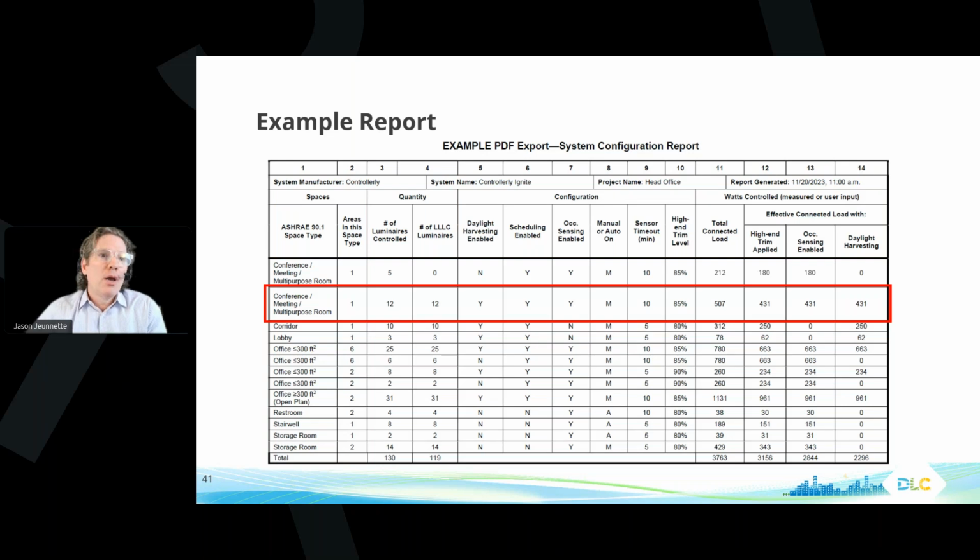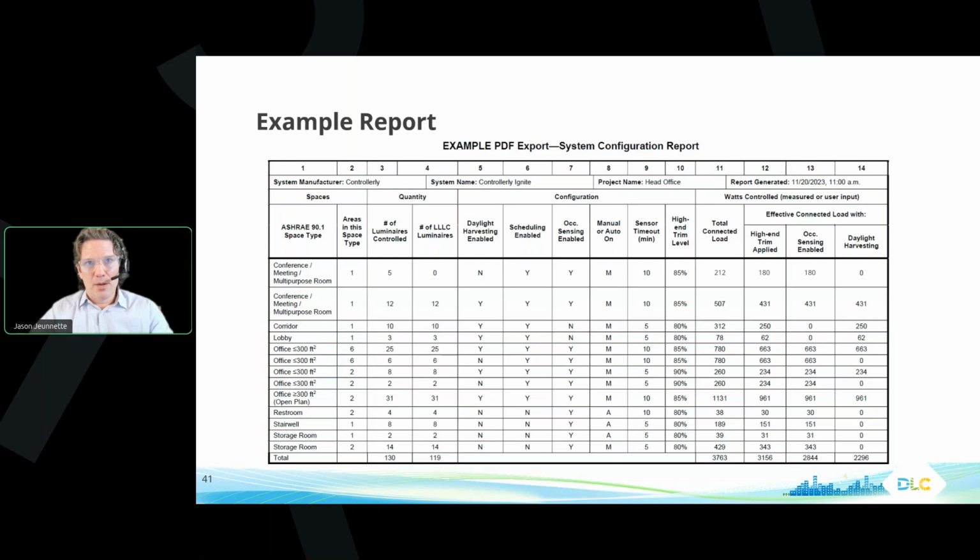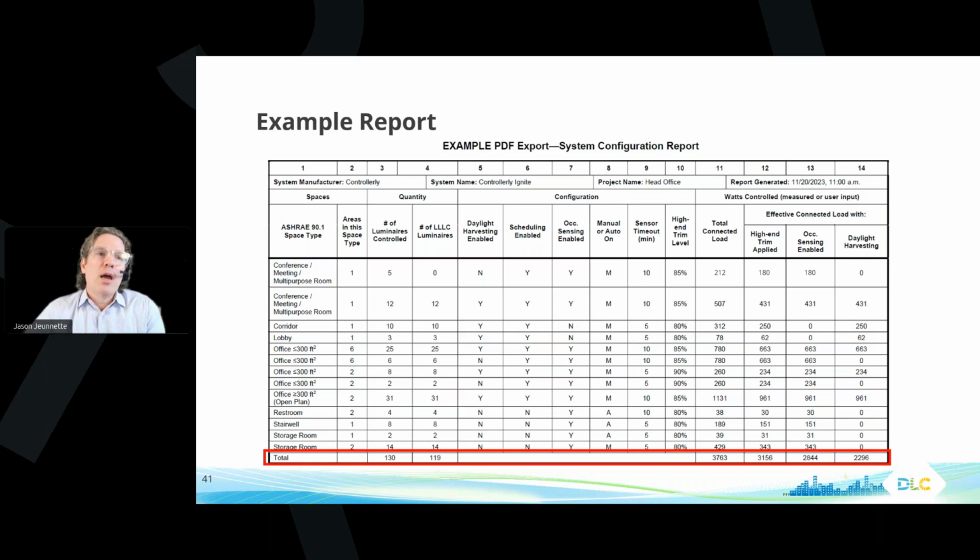The report goes down for all the space types in the building in the same manner. And then at the bottom, where appropriate, there are total columns. So we can get the total connected load for this system and the total connected load after high-end trim is applied, as well as the total number of luminaires connected and controlled by the system and the number of LLLC luminaires.